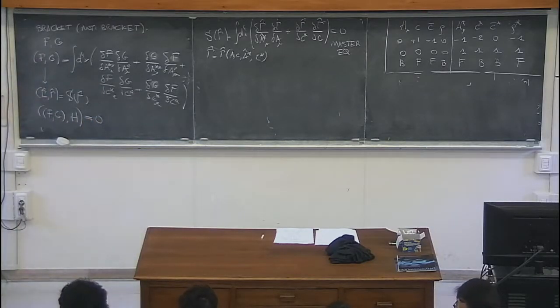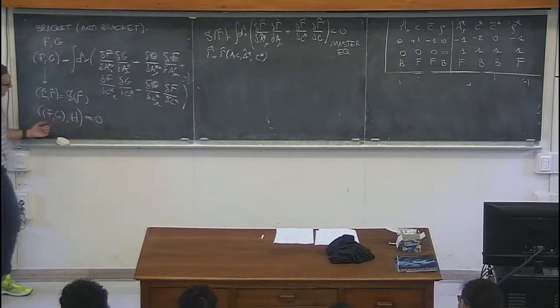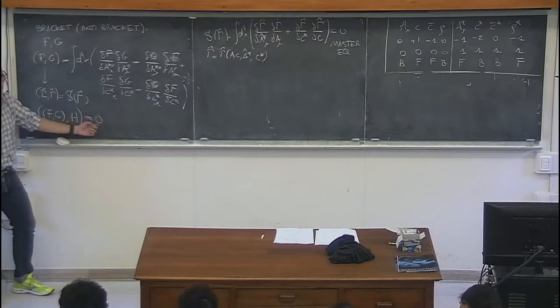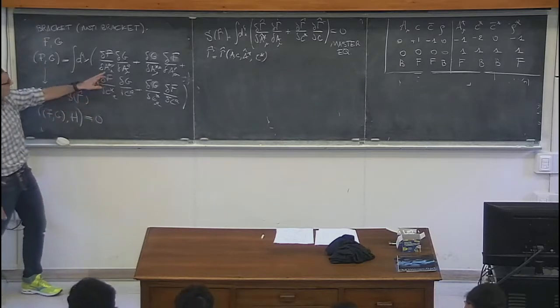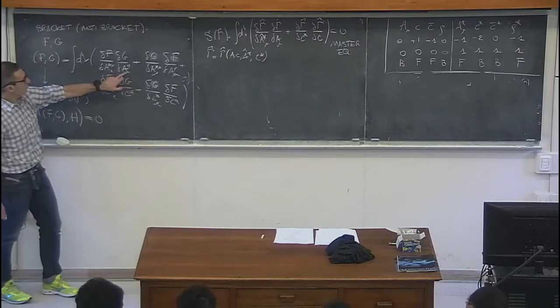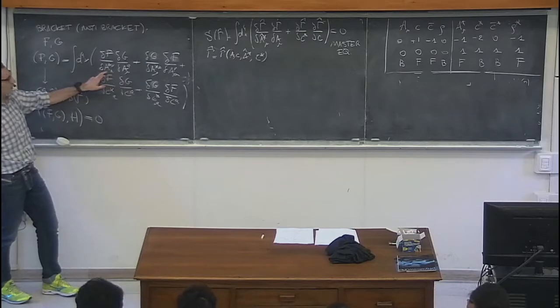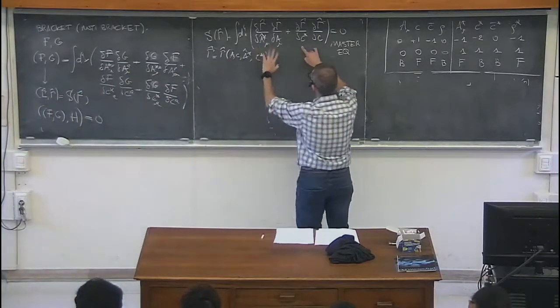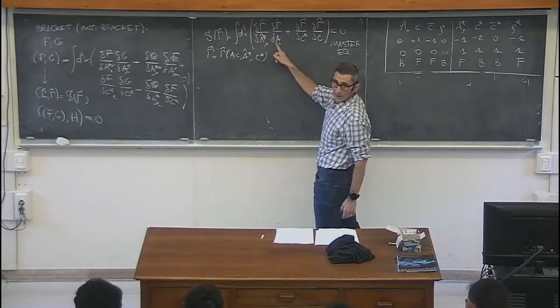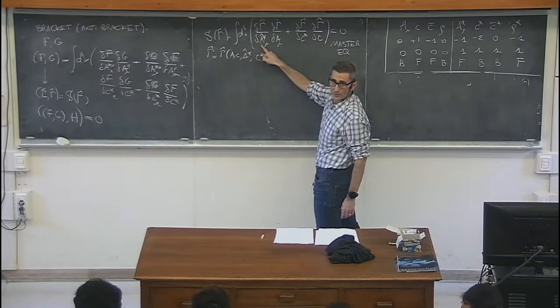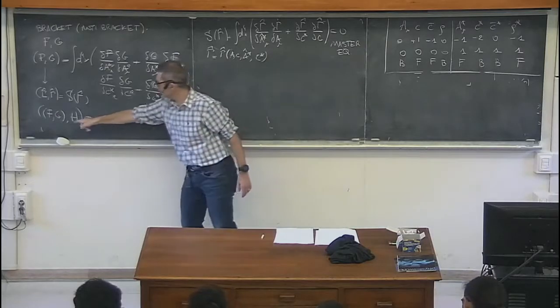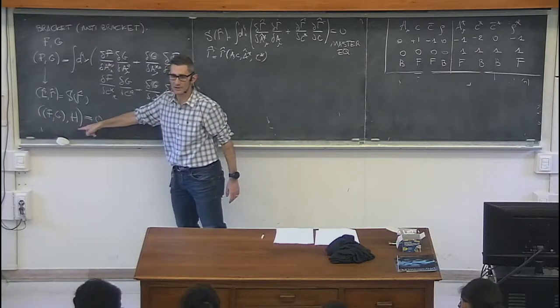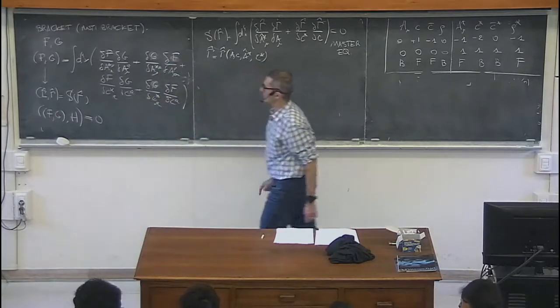Namely, acting twice with this bracket gives you 0. This follows because one of these is a commuting quantity and the other is an anti-commuting quantity. So in each term of this Jacobi identity there is one bosonic and one fermionic field. Then you just apply this twice, and you find that it vanishes.